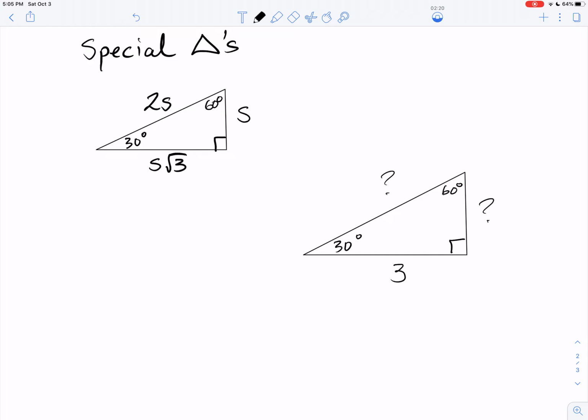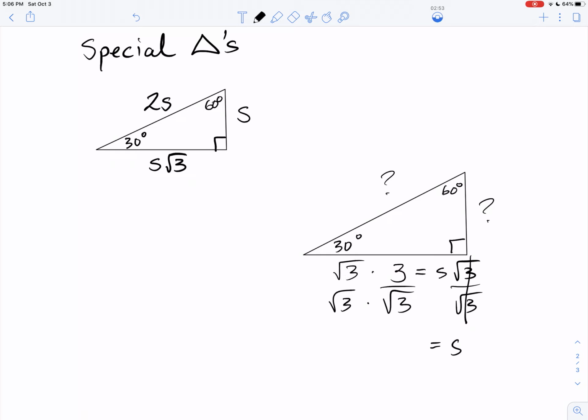So the 3 is opposite the 60, which means it's equivalent to the S rad 3 piece. Can you solve for S? Yes, I can. I just divide both sides by rad 3. Then this would cancel, and I'd get S is equal to... oh, wait, I'm not supposed to leave rads in the bottom, so I multiply the top and bottom by rad 3.